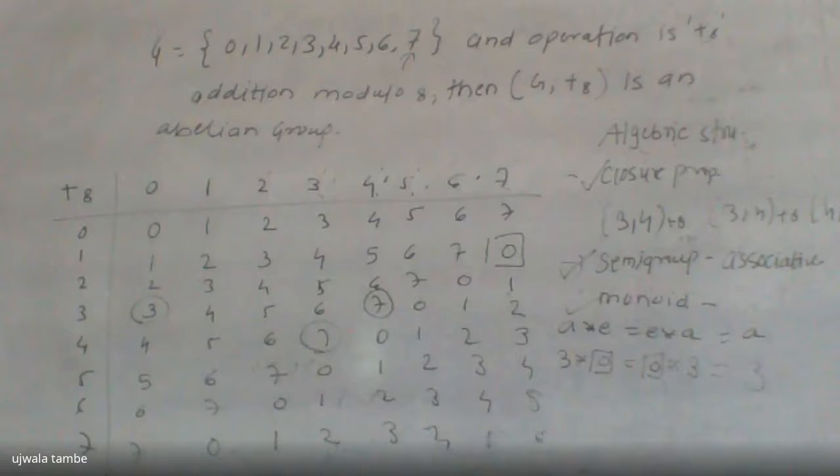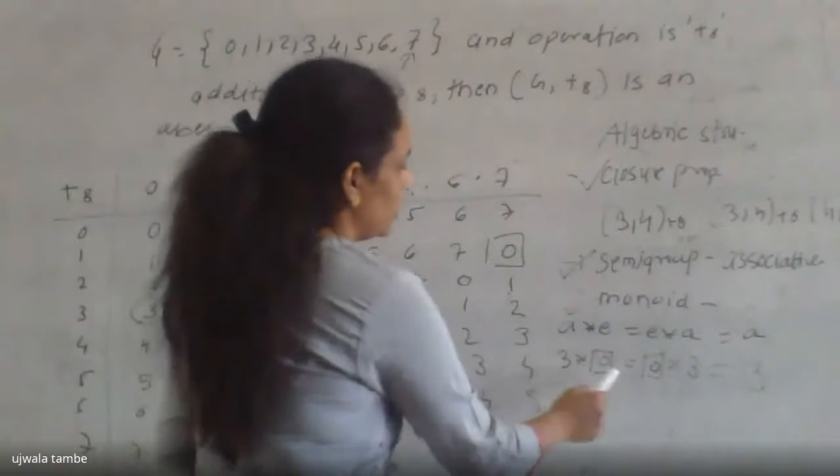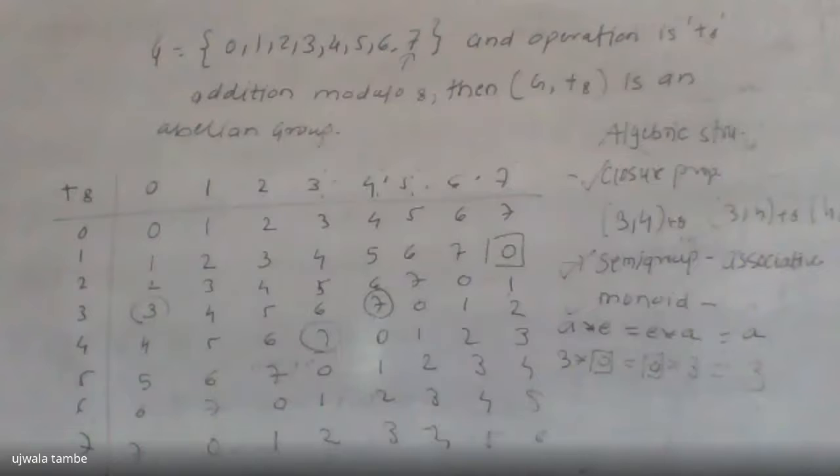Find out the inverse. As we know, for 3, 0 is the identity element. So 3 operation what gives us 0?